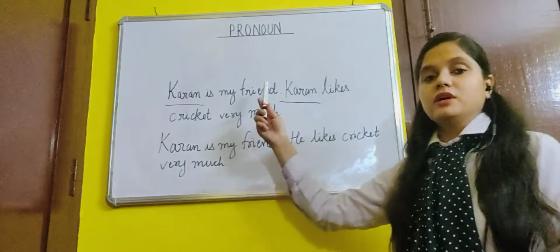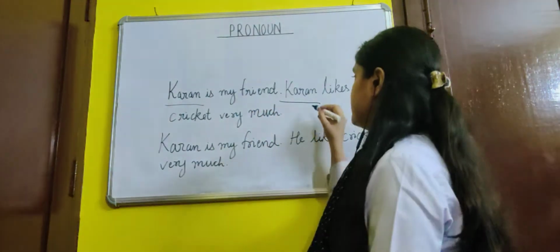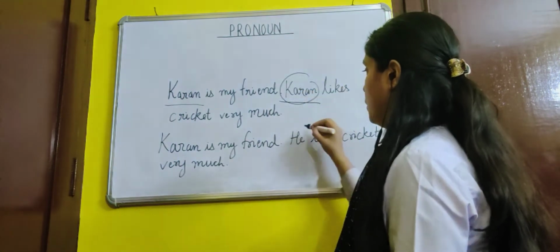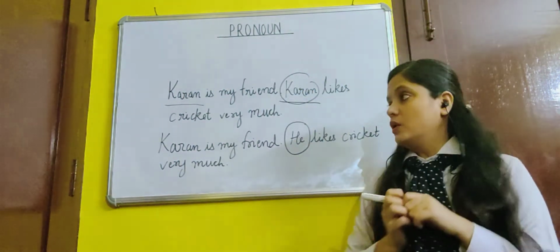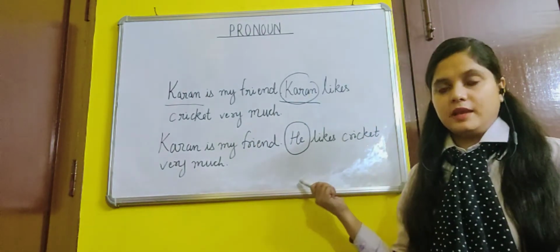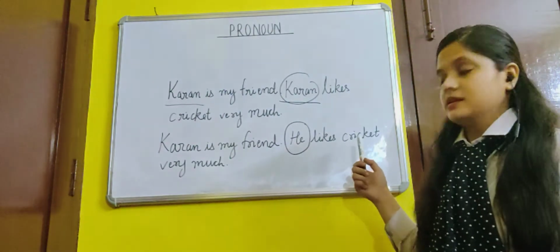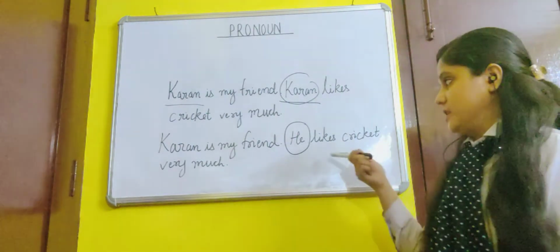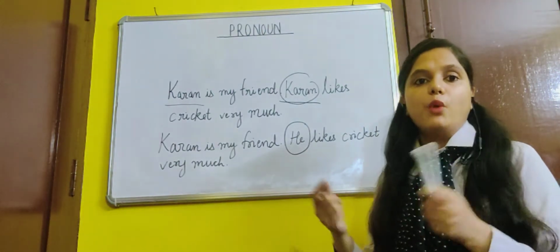So now observe both the sentences. Here we replace the word Karan with he. Okay, the meaning remains the same. Here we were talking about Karan, and in the other sentence we are still talking about Karan, that he likes cricket very much. But what did we do?